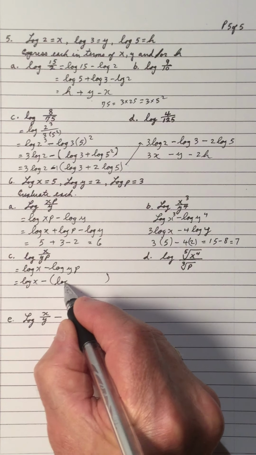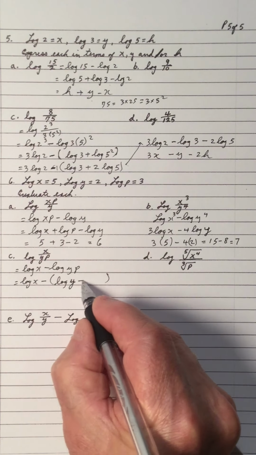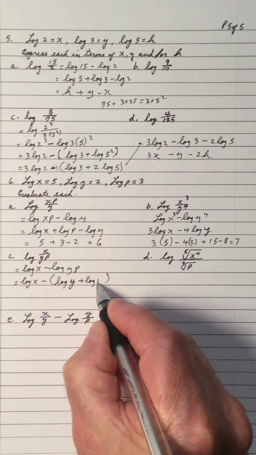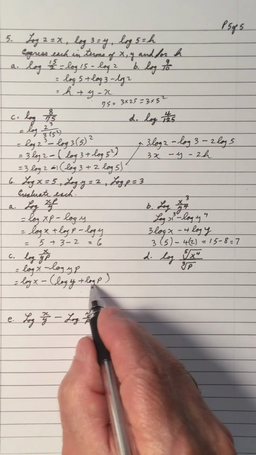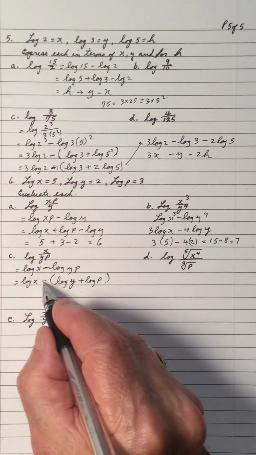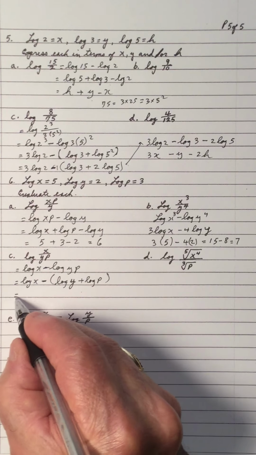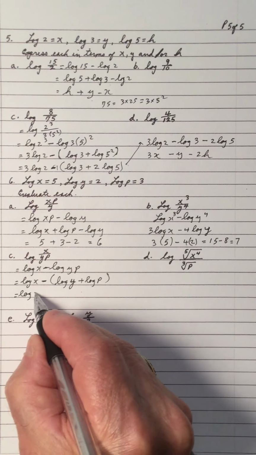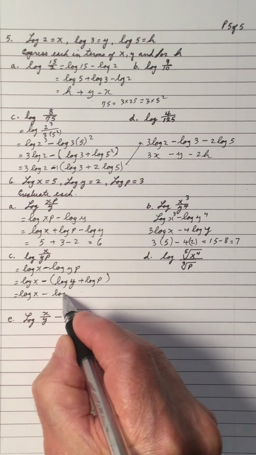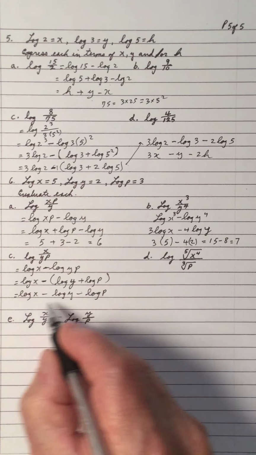So this is the log of y, make that a y. Plus the log of p. A multiplication is an addition, but notice the subtraction is with these two. This is a multiplication, addition, but the subtraction is going to make it negative log y minus log p.